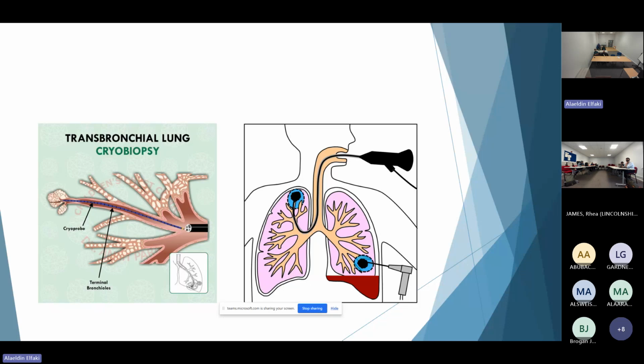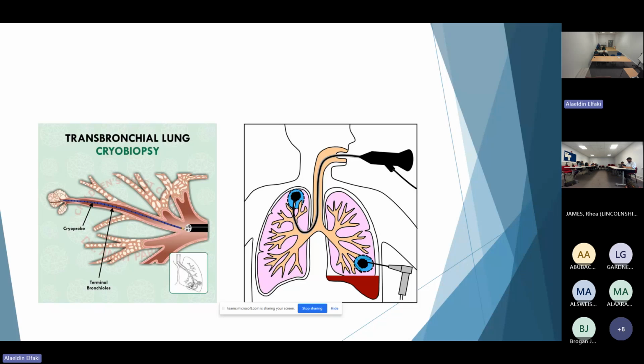So for the indication for biopsies in general, if the patient has a non-UIP pattern of lung fibrosis, then you might need to do a lung biopsy just to see exactly what kind of disease you are dealing with, because the outcome might be different and the treatment also might be different.